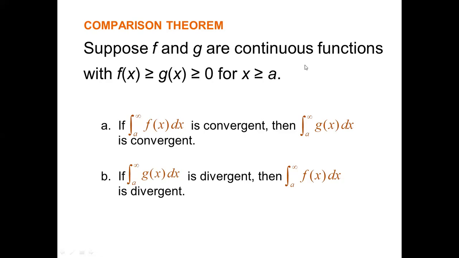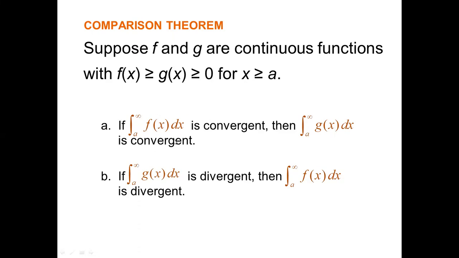Now, if this is the condition, and our two functions are continuous, meaning they do not have any point of discontinuity for x equal to or greater than a, then this too applies. If the integral of f of x from a to infinity is convergent, it follows that the integral of g of x from a to infinity will also be convergent. Why?